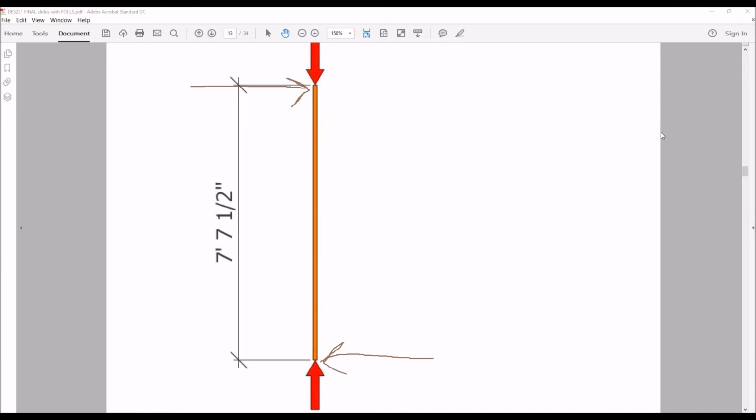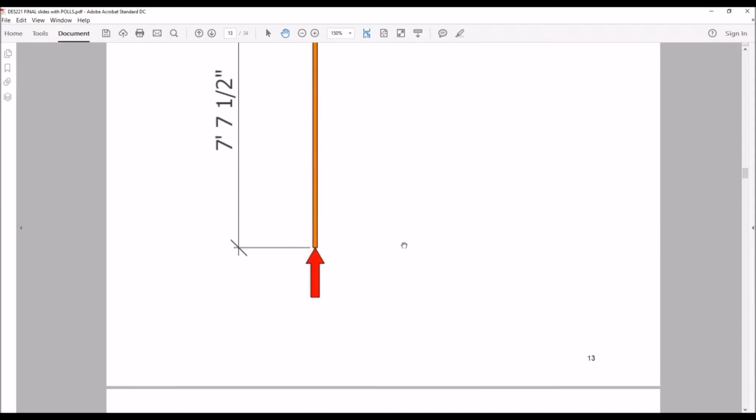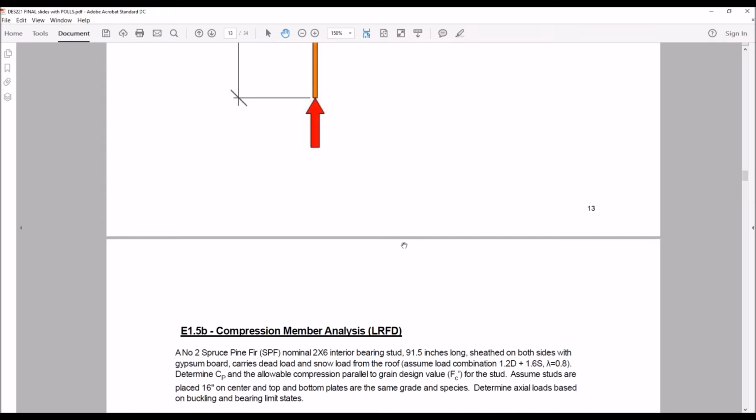However, because it is only carrying gravity loads, these forces would resolve to zero. So we left those arrows out of the illustration just for the sake of clarity and simplicity. But you don't need to send me an email about it, I am aware.